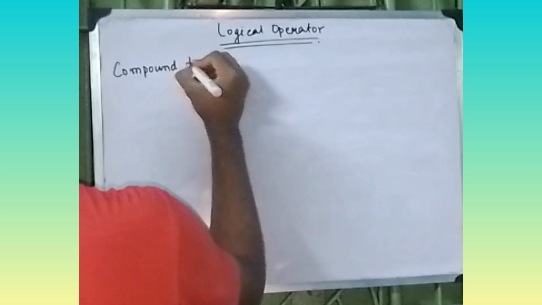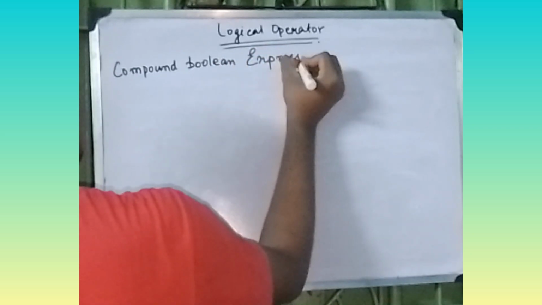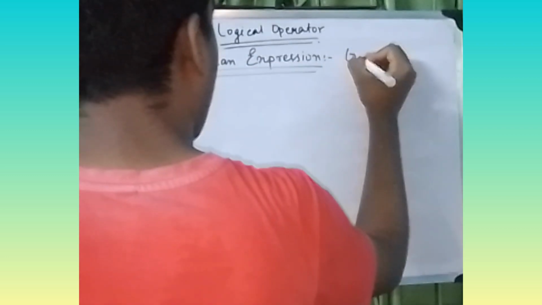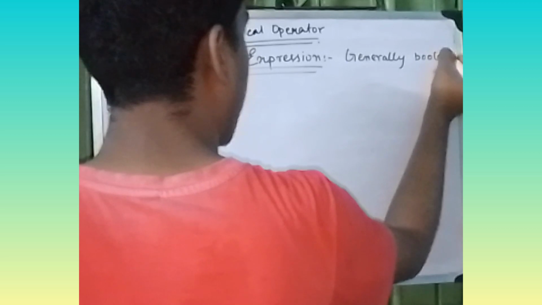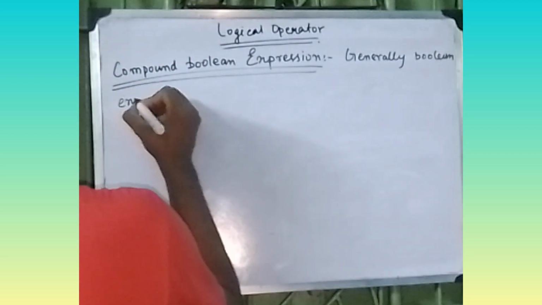Now let's move to our next topic, which is known as the compound Boolean expression or complex Boolean expression. This is nothing but a combination of the basic logical operators, namely AND, OR, and NOT.